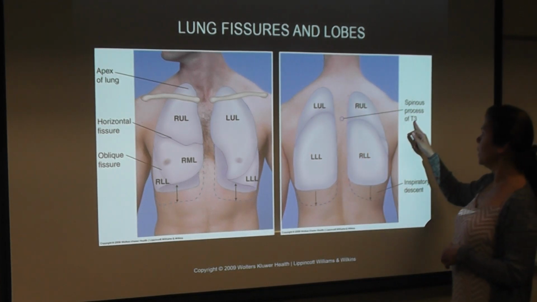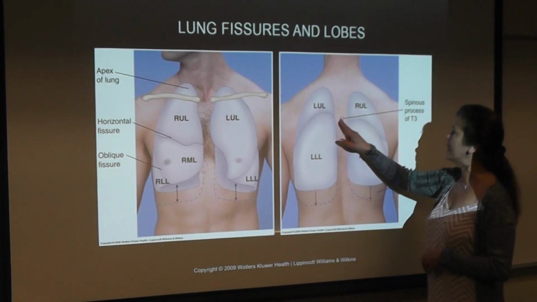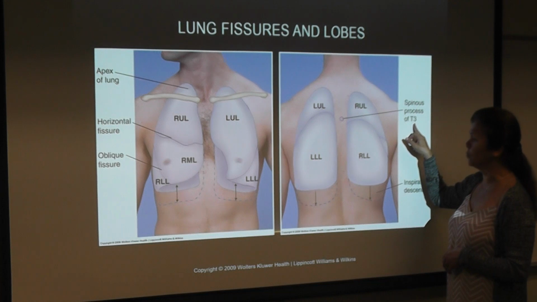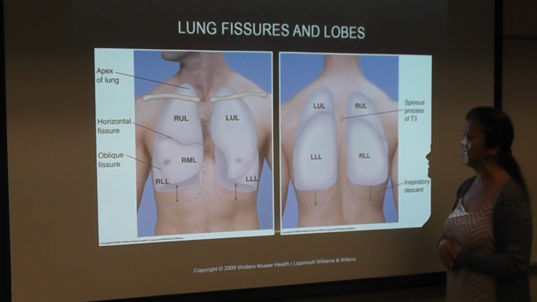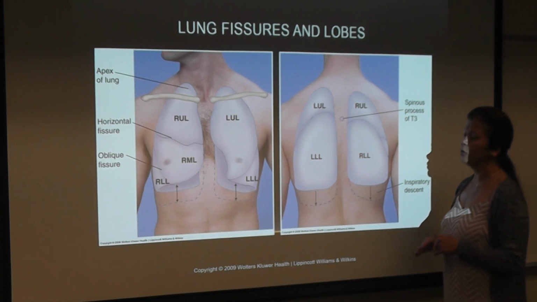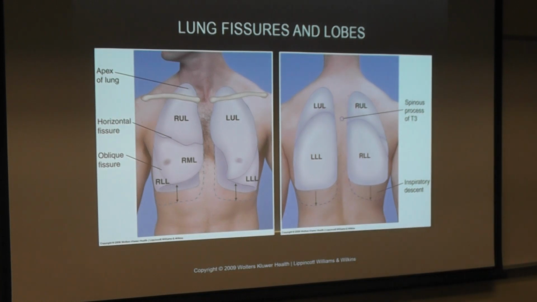Again, you have the initiation of the lower lobes posteriorly at the level of thoracic 3. And as I said, there is a major inspiratory descent to the level of the 10th to 12th intercostal space when the patients take a deep inspiration.